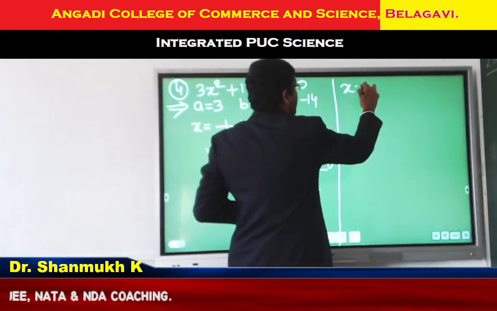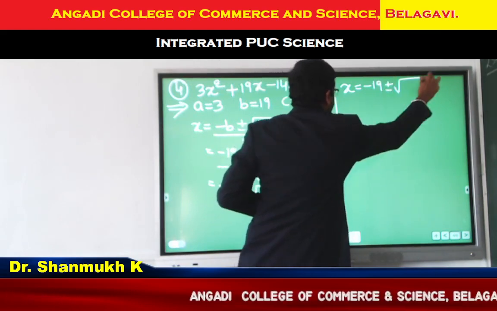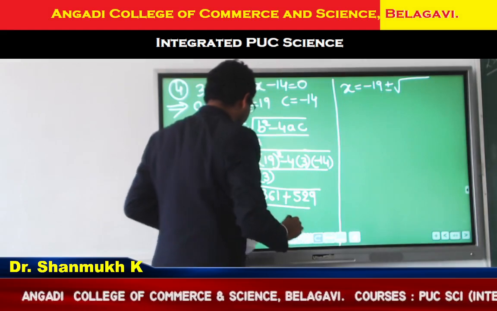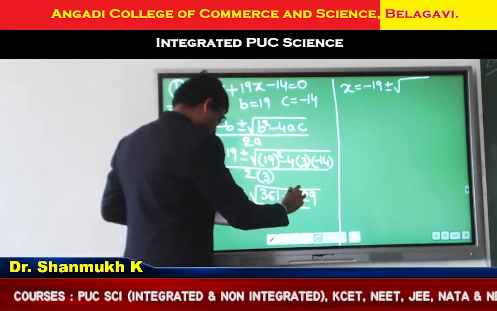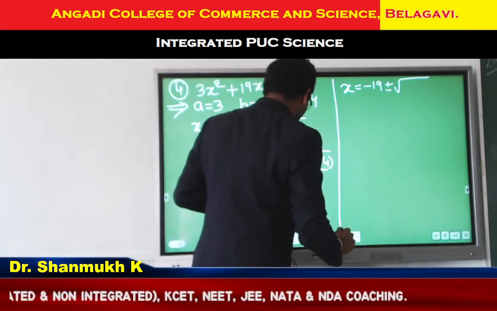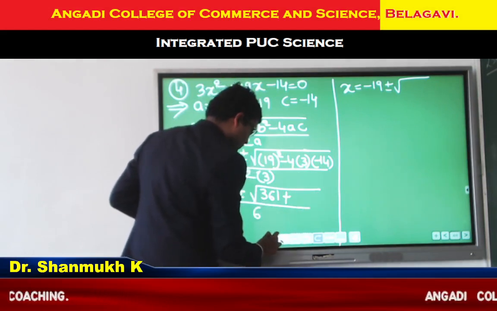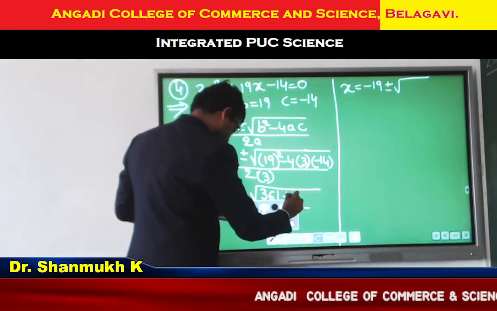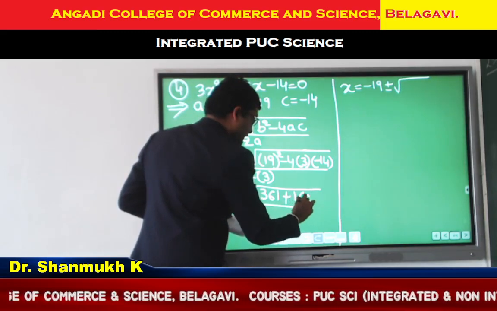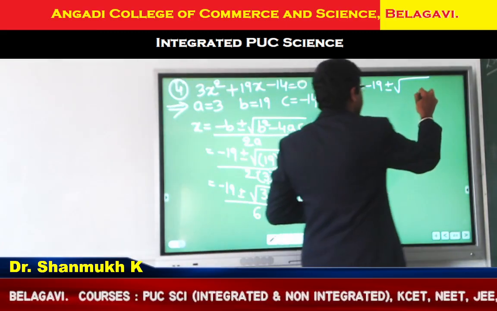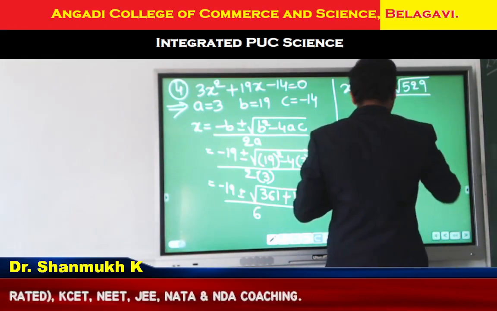Then x equal to minus 19 plus or minus under the square root of, here 361 plus 168, simplifying, we get 529, divided by 6.